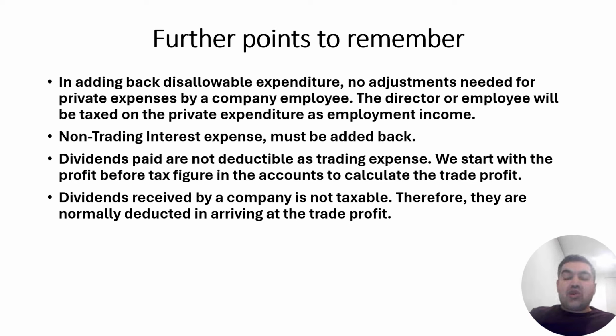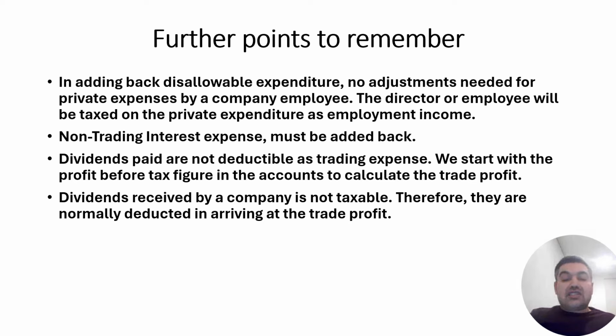However, the employee will be subject to income tax based on the provision of the car for private usage. If you have seen my other videos, there is a separate method to work out the income tax benefit on provision of a car. However, the company can claim full deduction on that provision of car.